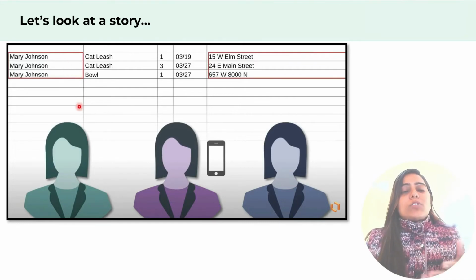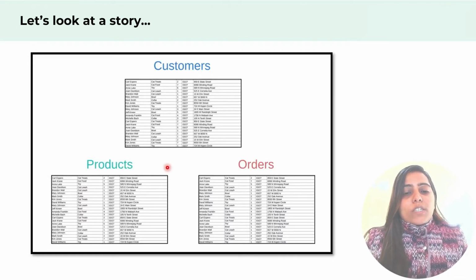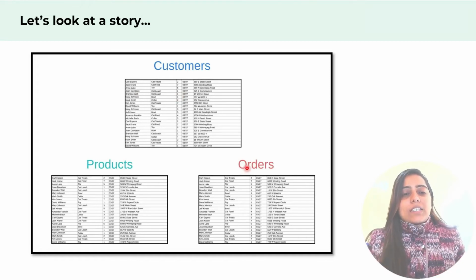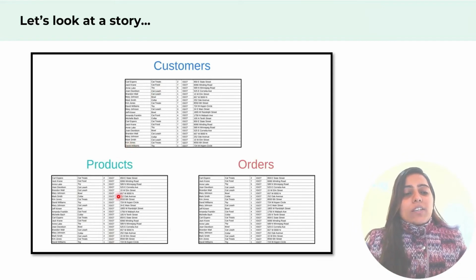So to overcome this kind of contradictory and redundancy problems, what the firms did was to segregate these entities. For example, they made a separate spreadsheet for customers, a separate spreadsheet for the products, that is the inventory products in their store, and for the orders a separate spreadsheet.